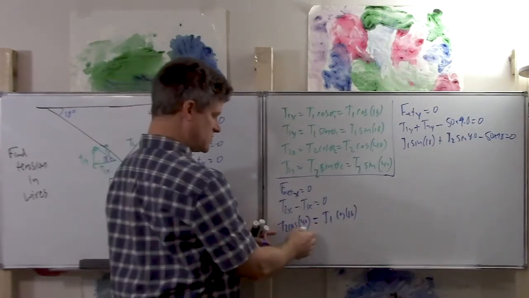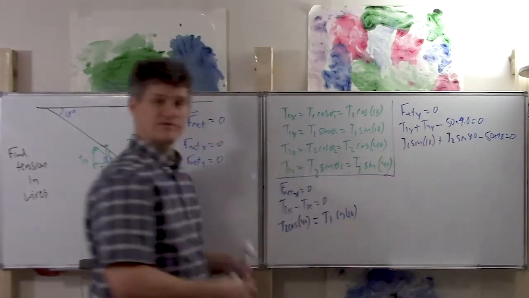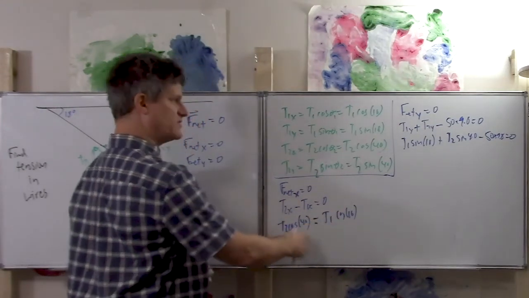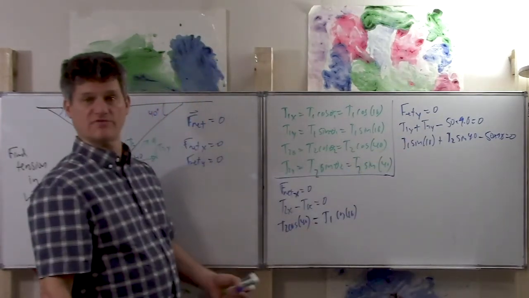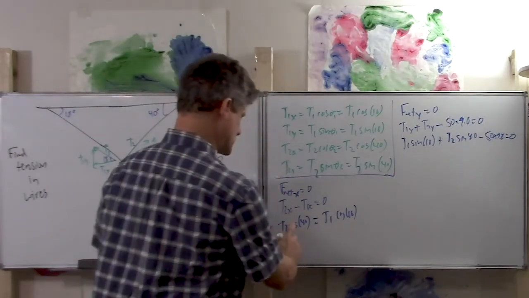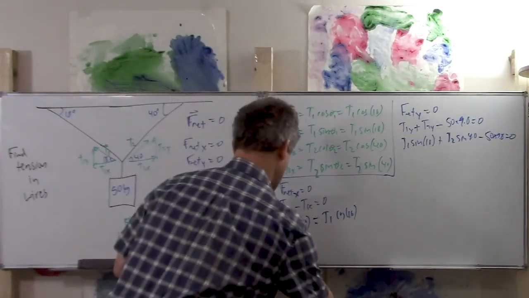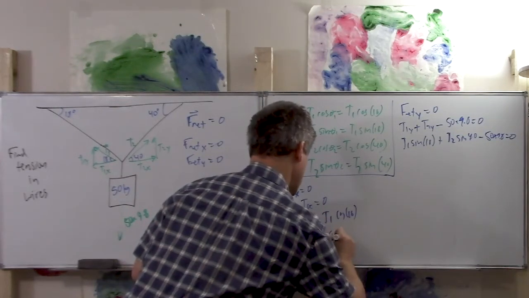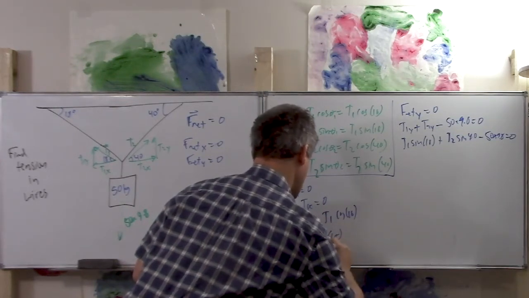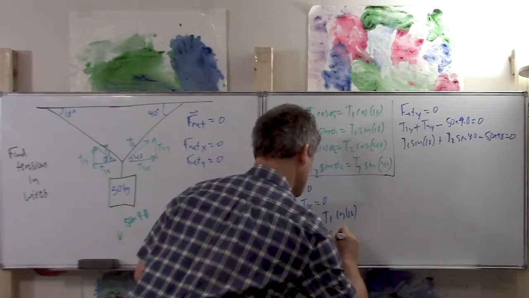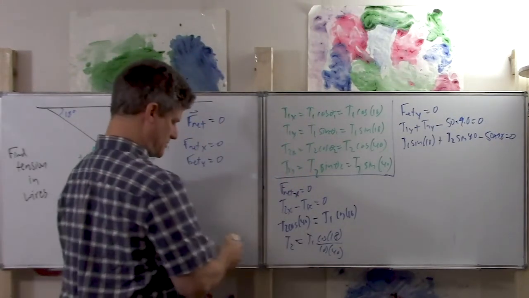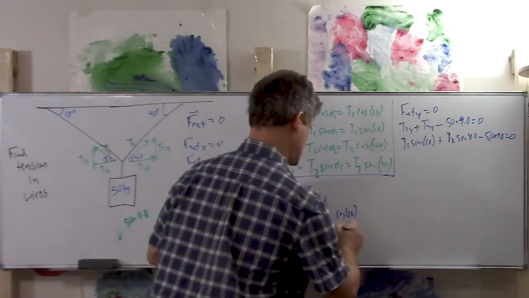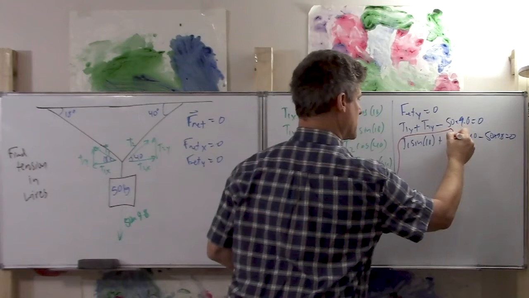So the way we solve these two equations, we have this equation and that equation, we have to solve them together. The strategy will be to solve one equation for one variable, plug it into the other, and then solve for the other variable. So let's solve this equation for T2. So T2 equals T1 cosine of 18 divided by cosine of 40. Alright, now we're going to plug T2 in. We're going to plug all of this in for T2 right there.